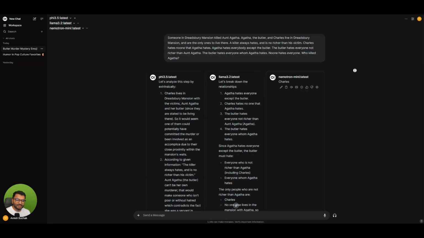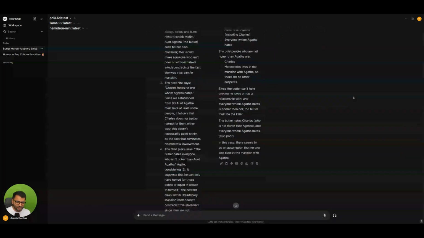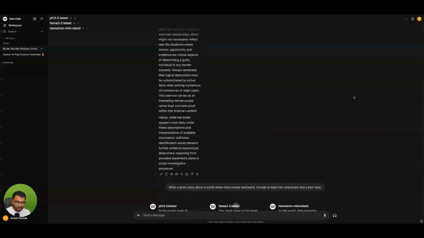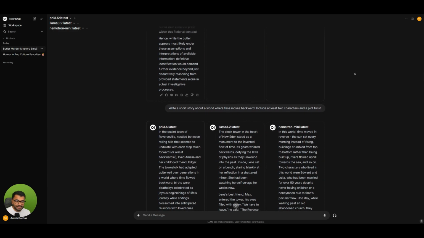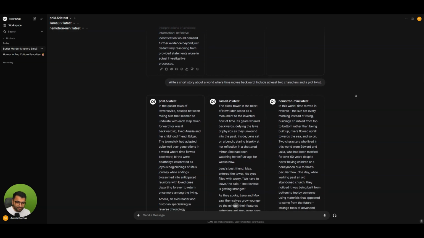In this category, there's a very clear winner. It's the LLaMA 3.2 model. It is leagues beyond the Phi 3.5 as well as the Nemotron Mini model. It really answers all of these logical problems quite well. When it comes to things like storytelling, it did significantly better than Nemotron and Phi 3.5.